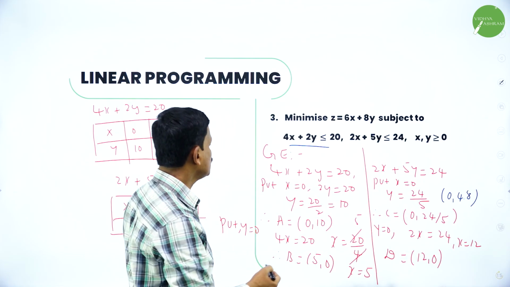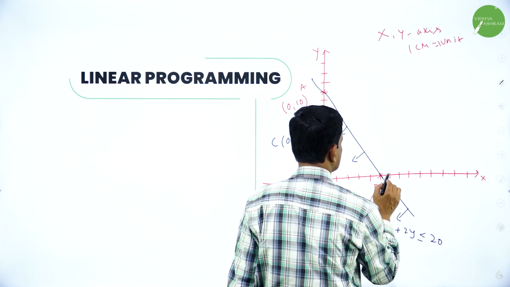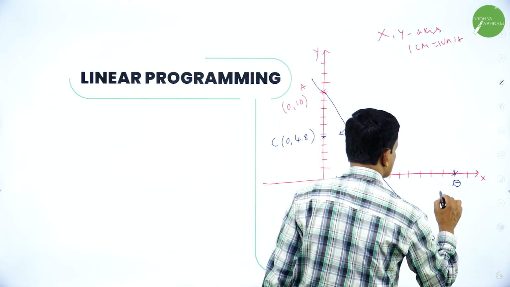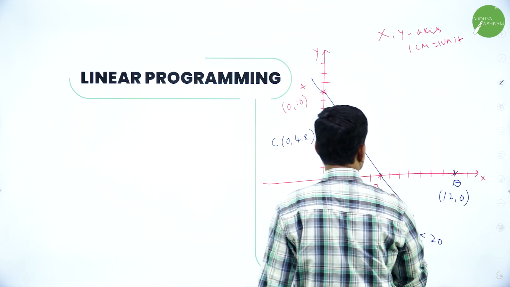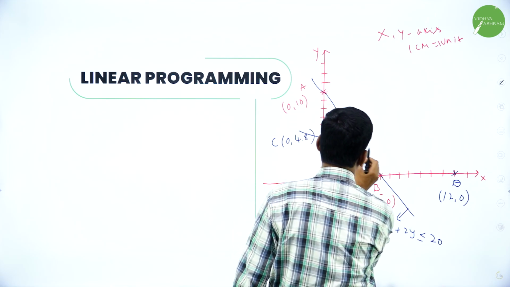And D, what is D? D is (12, 0). X is 12: 1, 2, 3, 4, 5, 6, 7, 8, 9, 10, 11, 12. This is D, (12, 0). Now, just draw a straight line which cuts these 2 points.